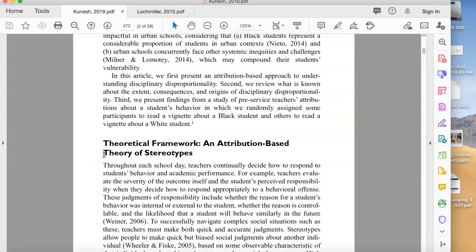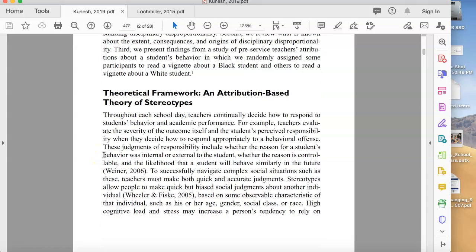Unlike the previous article we read, which started with what we already know, just the lit review, this article is structured somewhat differently. It starts with, how are we going to approach our study? So here you see theoretical framework. So that's a signal to you. This is their approach.